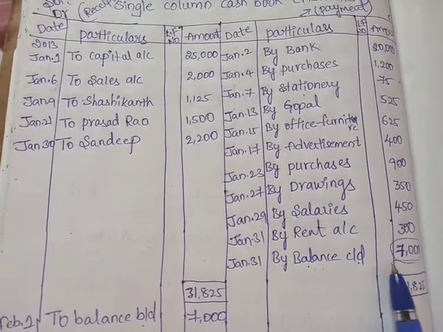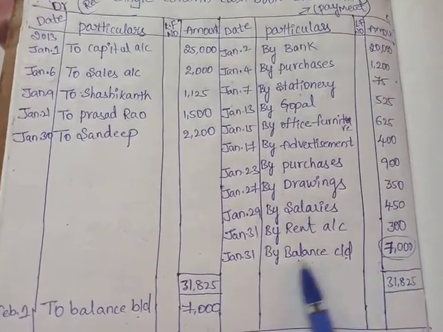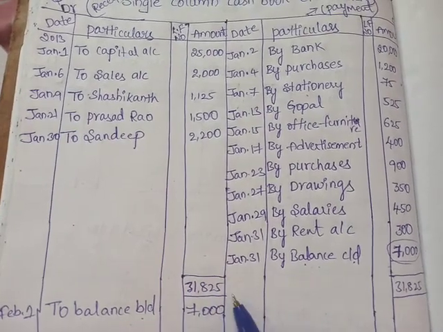After writing balance carried down, how much is less, that amount will be written here. So after that, balance the two sides.